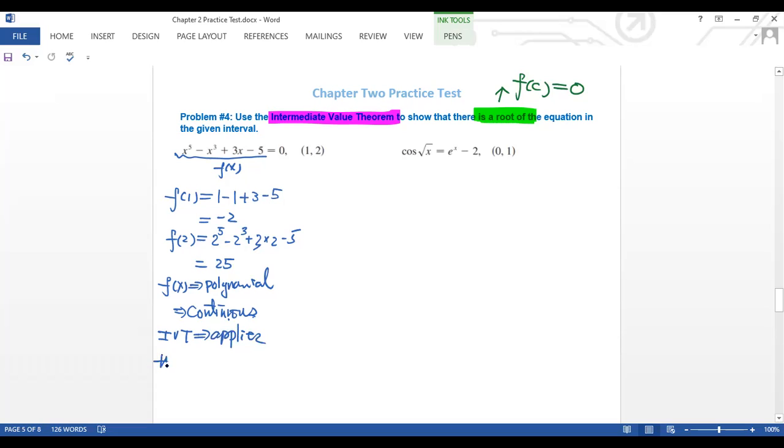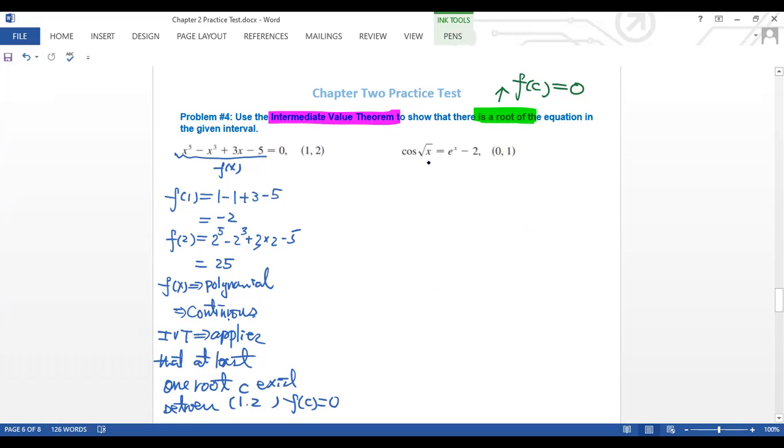That means at least one root C exists between 1 and 2, so f of C has to equal 0. So the root exists.